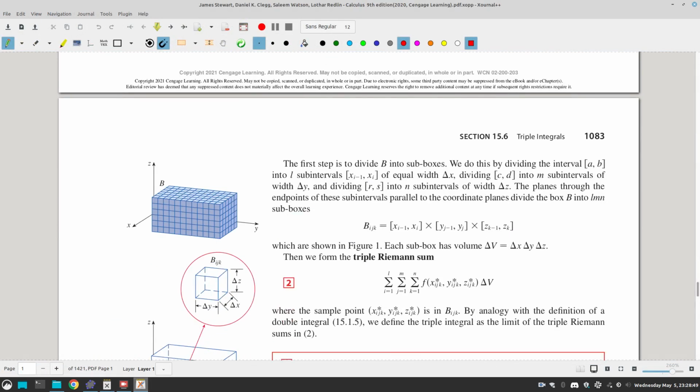This is our little box, and let's call this box B. This is the region of integration, which is a box.